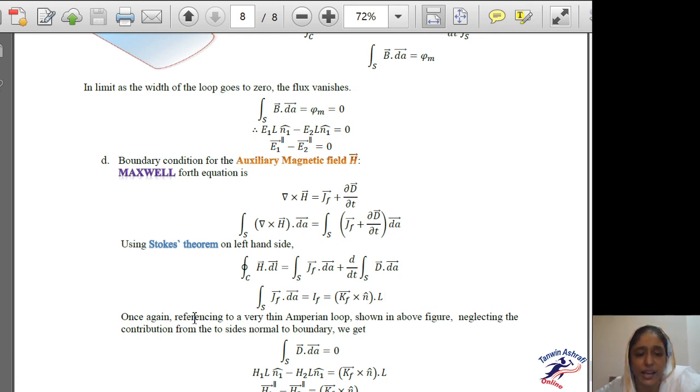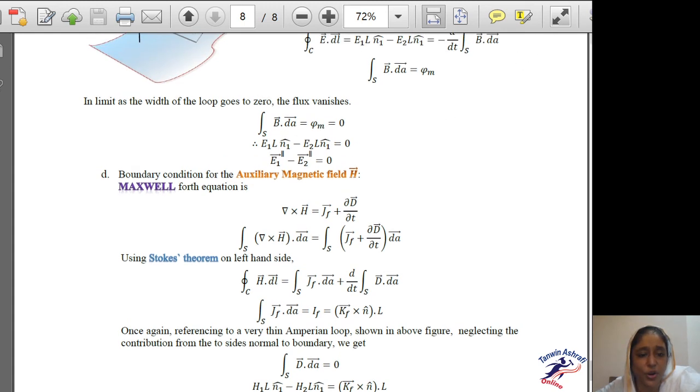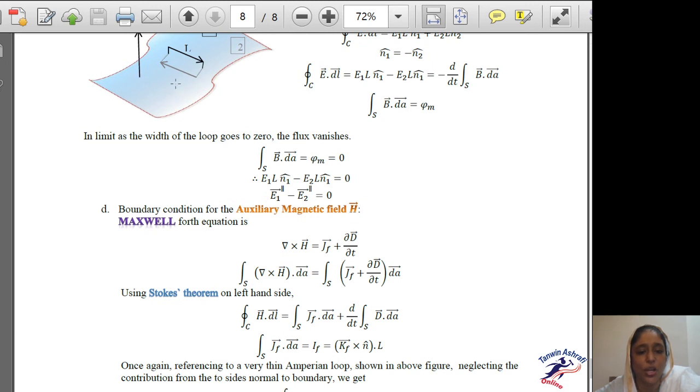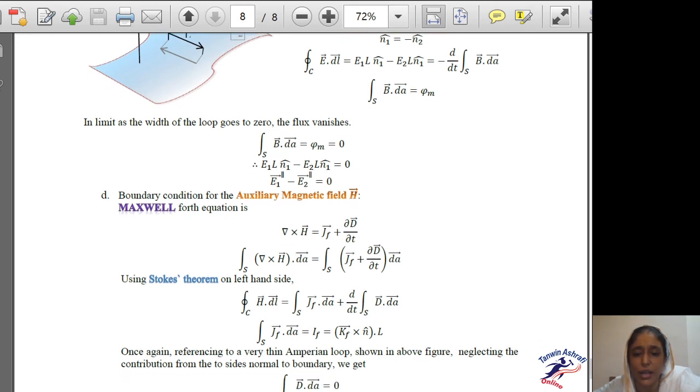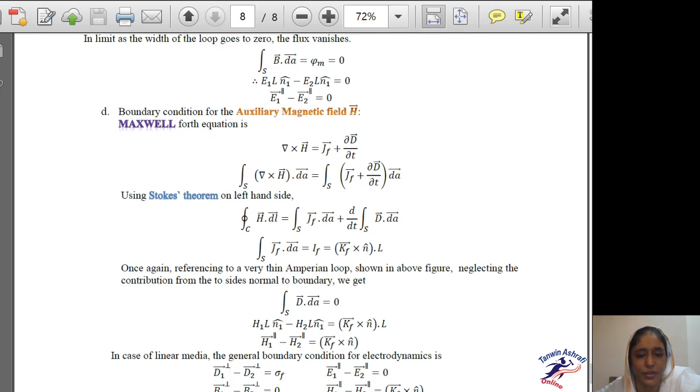Once again, by referring to the tiny Amperian loop shown below and neglecting the contribution of the normal sides to the boundary, the displacement term, the integration of the surface of D dot dA, is equal to 0.